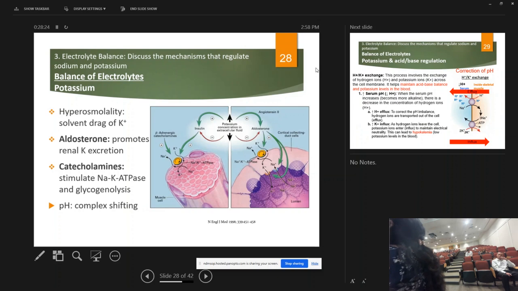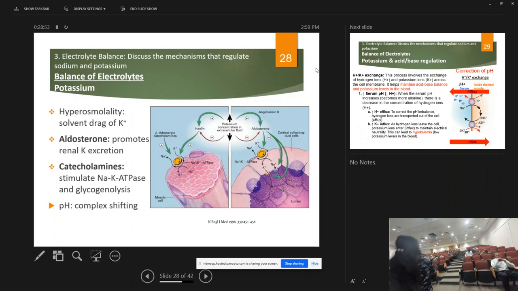So let's look at hyperkalemia, meaning we have a higher potassium concentration. There are two different things here. Here are the muscle cells and here are the kidney cells in the collecting duct. When potassium concentration in the extracellular fluid goes up, all you are doing is dragging the potassium away from the extracellular fluid.